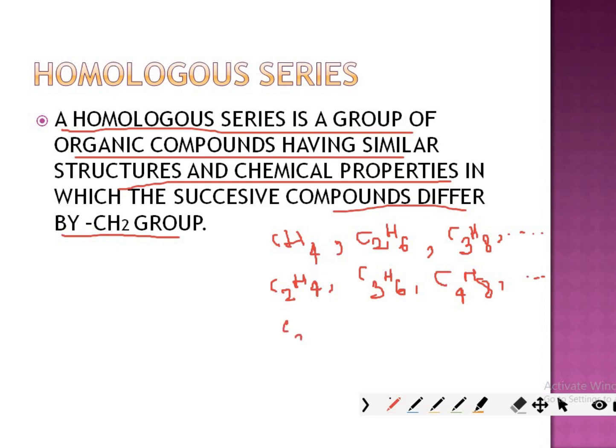And for ethyne, C2H2, then C3H4, right? Then C4H6 and so on. These are homologous series. We just have to add CH2 to the previous hydrocarbon to get a homologous series.